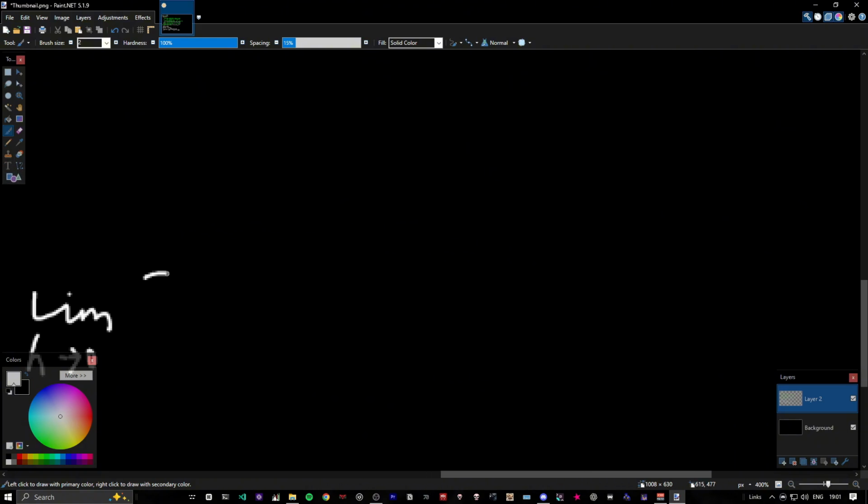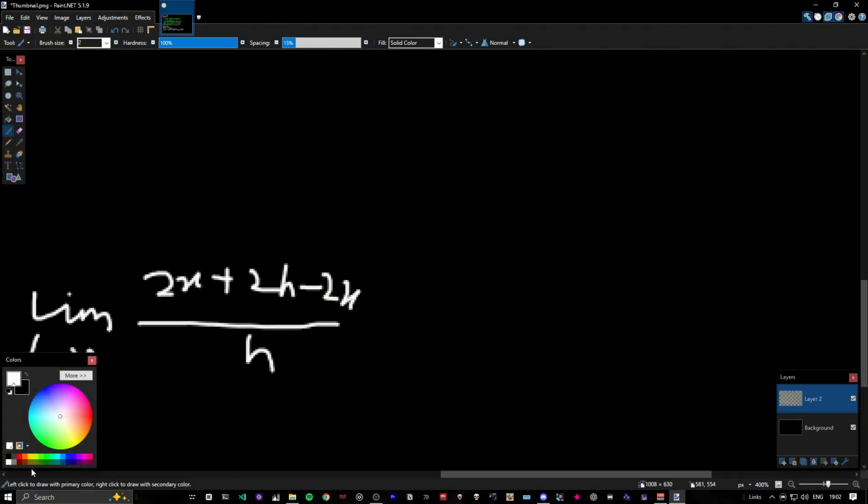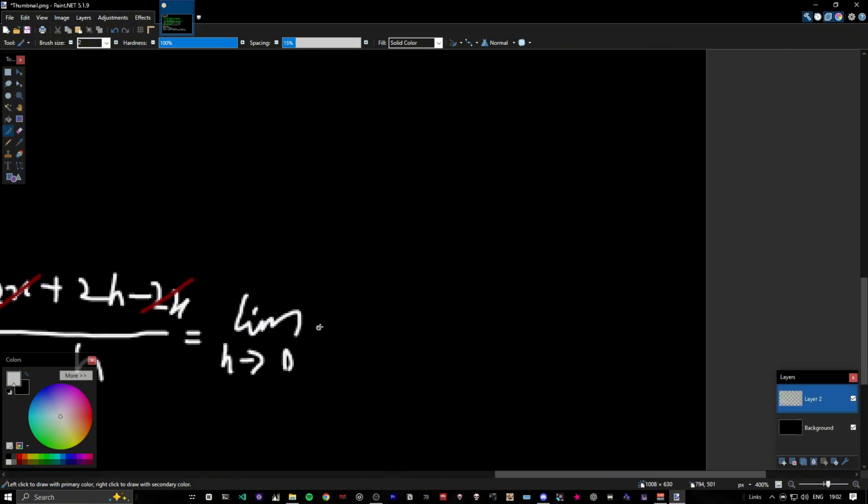So yeah, basic algebra. And if we cancel these two out, we are left with limit as h tends to 0 of 2h over h, which we can simplify to 2.